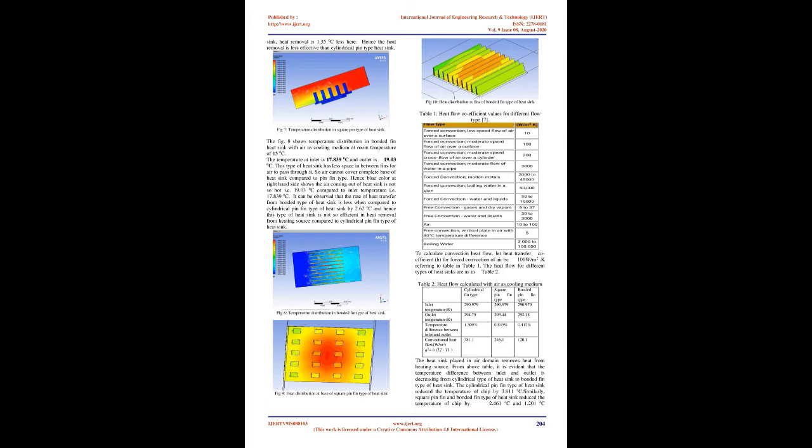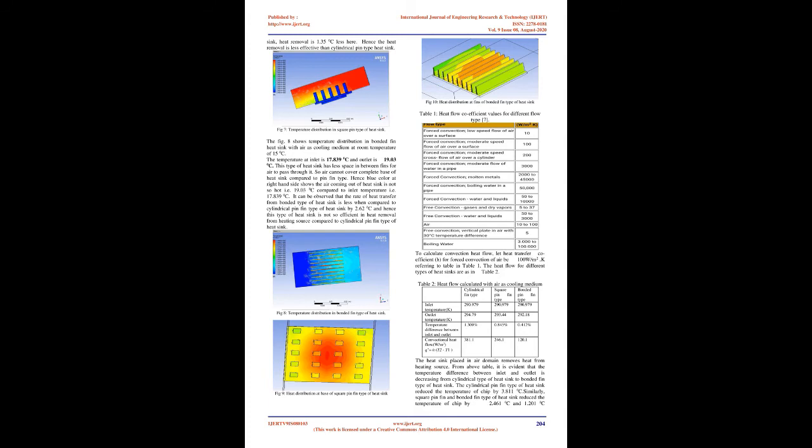Figure 8 shows temperature distribution in the bonded fin heatsink with air as cooling medium at room temperature of 15.0 C. The temperature at inlet is 17.8390 C and outlet is 19.030 C. This type of heatsink has less space in between fins for air to pass through it, so air cannot cover the complete base of the heatsink compared to pin fin type.